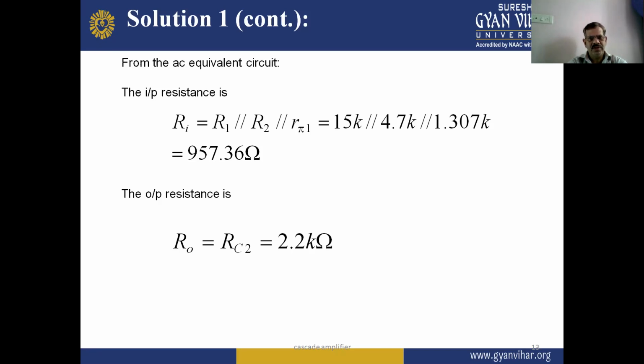So put the values of R1, R2 and R pi 1, and after the calculation we find the value of Ri, that is equal to 957.36 ohm, and also we can find the output resistance, that is R naught, will be equal to RC2, that is 2.2 kilo ohm. Here RC2 is the resistance across the transistor Q2 collector terminal.